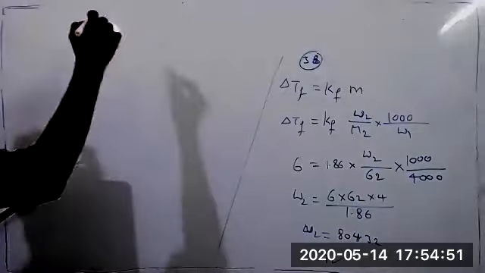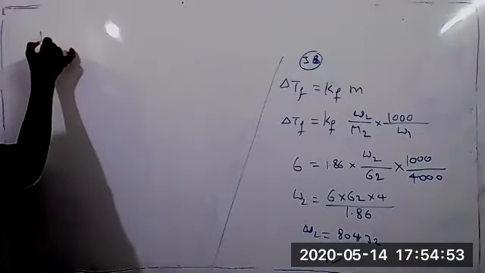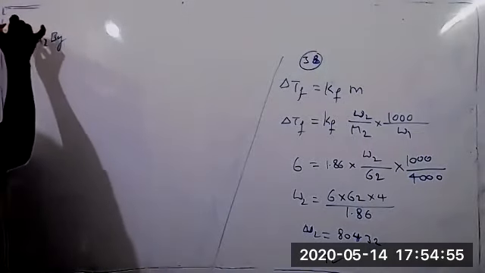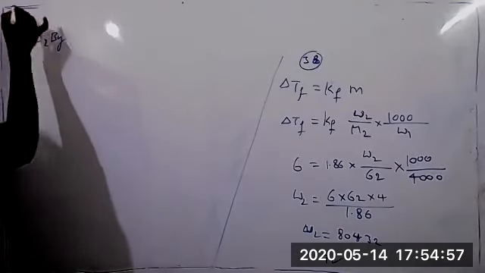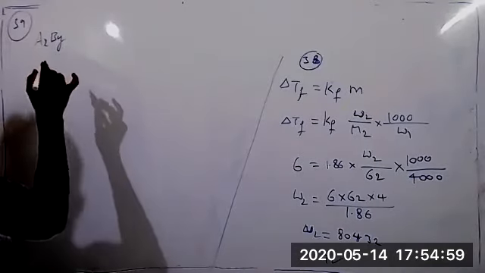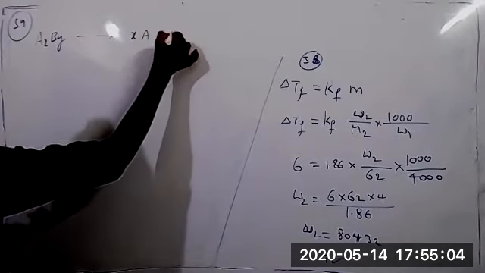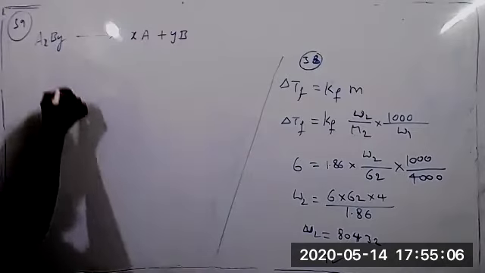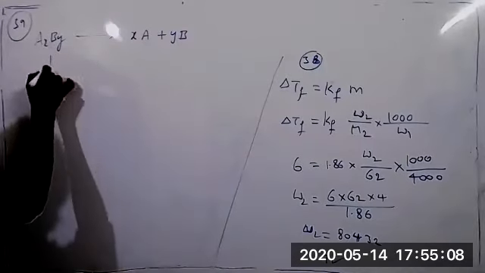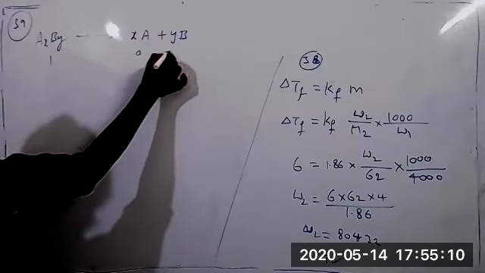Your electrolyte is AxBy, a weak electrolyte. It undergoes ionization. It gives xA plus and yB minus. Suppose this is 1 mole, so no dissociation initially.